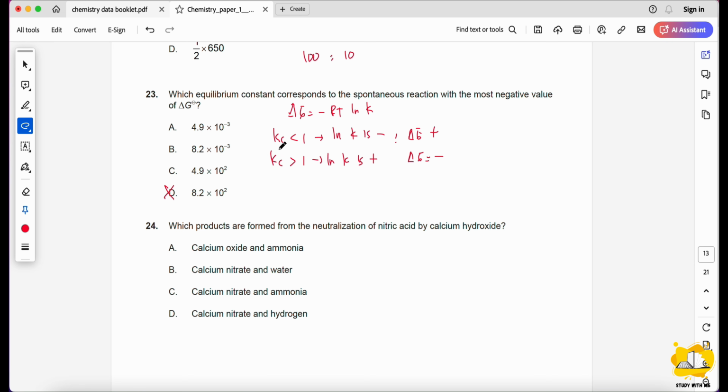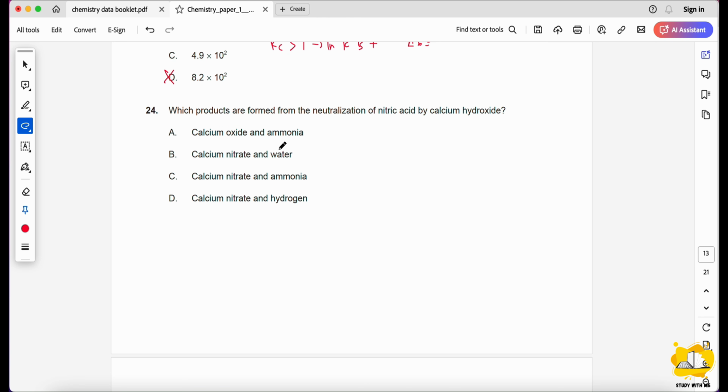Which products are formed from the neutralization of nitric acid and calcium hydroxide? Okay, so let's make the reaction here. I always teach the students, if we want to make a reaction, the easiest way is to make them into ions if you haven't really mastered it. So Ca2+ and OH-.